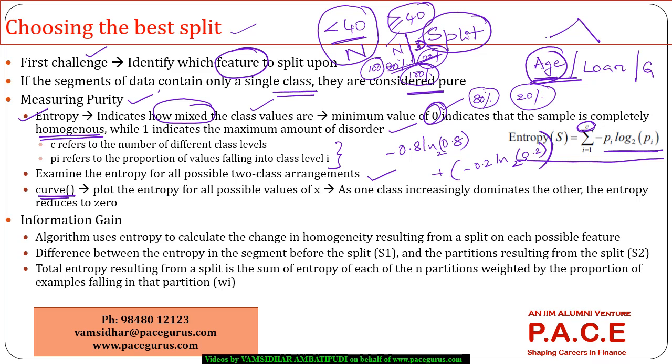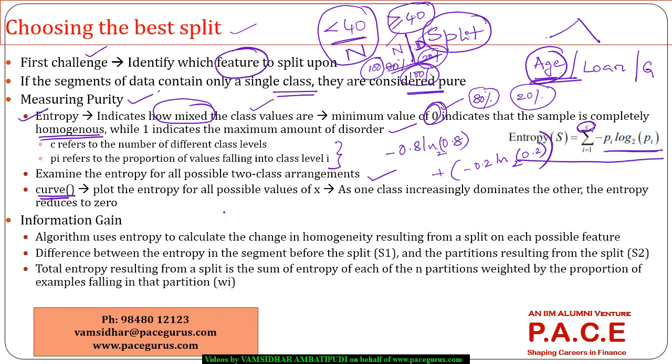This is what the system would be finalizing on. It will try to see in which class splitting the entropy is coming closer and closer to zero. That kind of class splitting is what is typically preferred by the model.